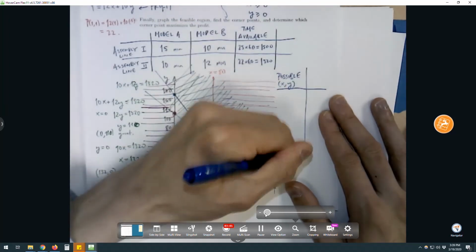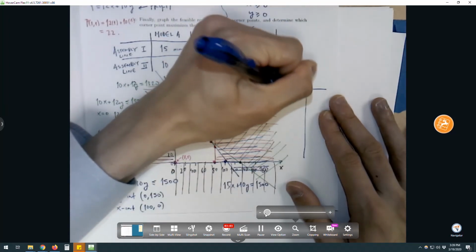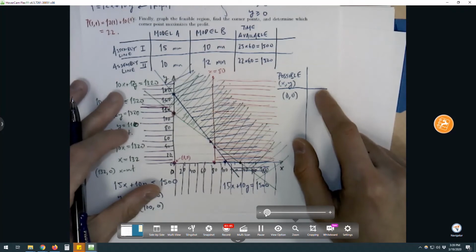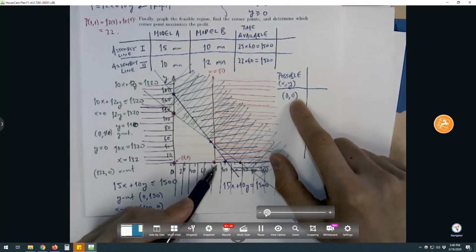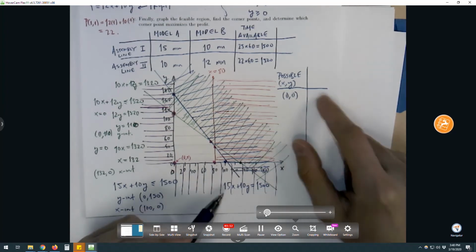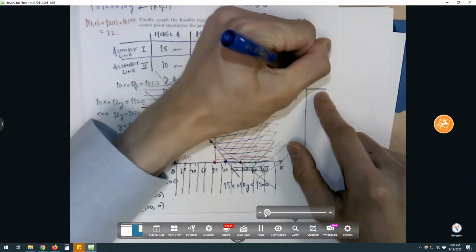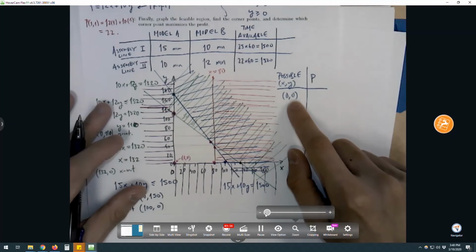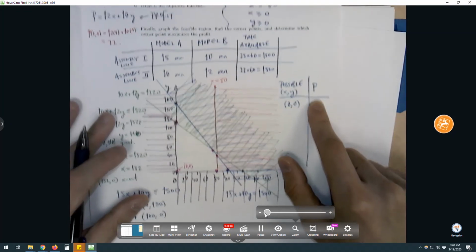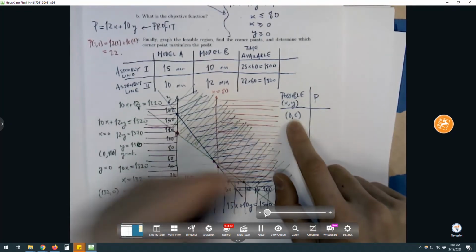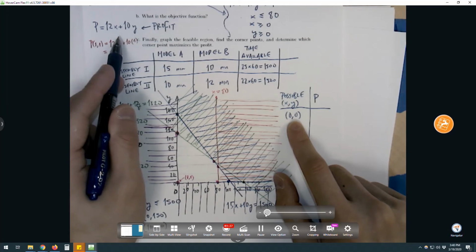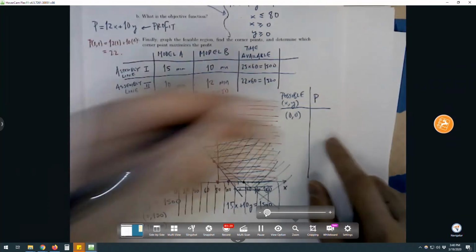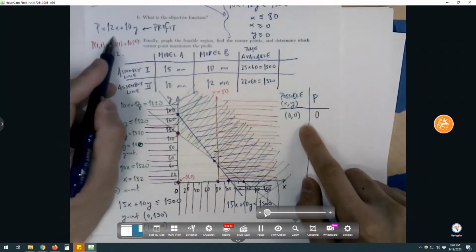We already have one, which is (0, 0), and then we have to find the rest: this one, this one, this one, this one. So we have 5 here, and 4 more to find. Then here we're going to put the profit. Eventually, we'll plug these into the profit equation, and whichever is the biggest profit will be our answer. Here this is 0, because if we put 0 into here, we're not going to make any money.